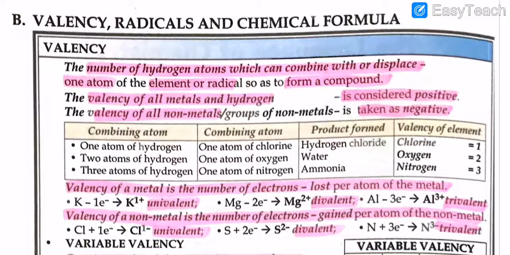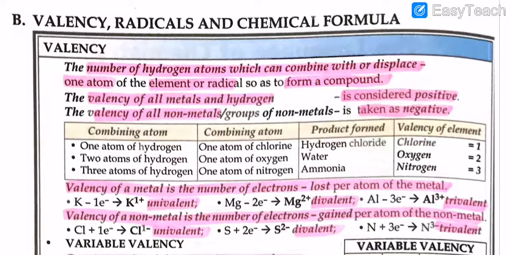Now, the valency of a metal is the number of electrons lost per atom of the metal. As we just saw, the valency of a metal is positive and the valency of a non-metal is negative. When it is positive, that means in an atom you have protons, neutrons and electrons, where protons are positively charged and electrons are negatively charged.